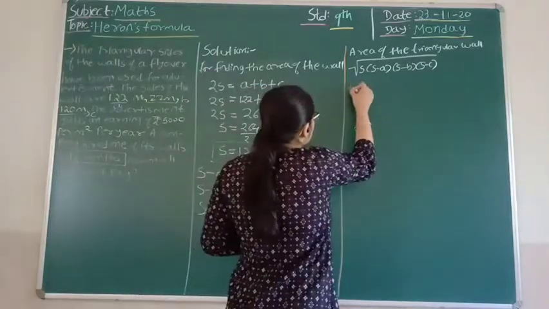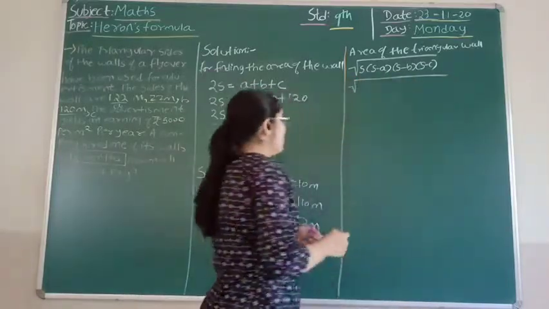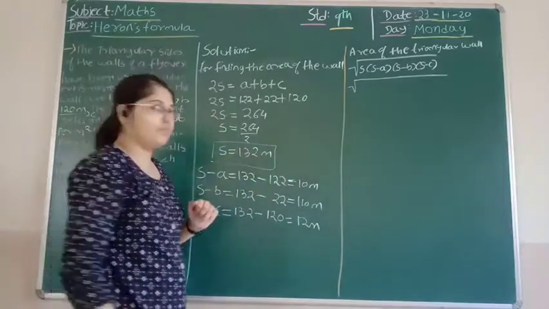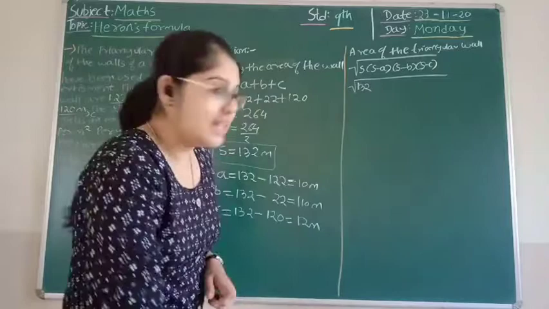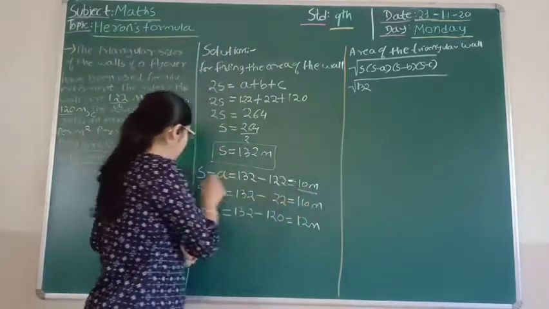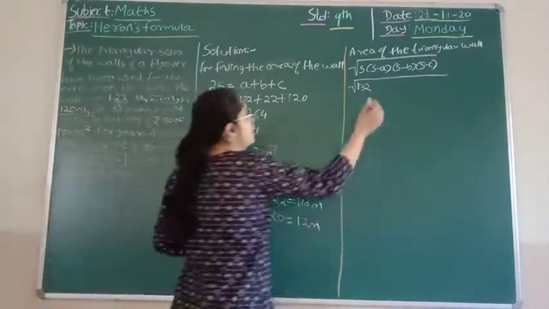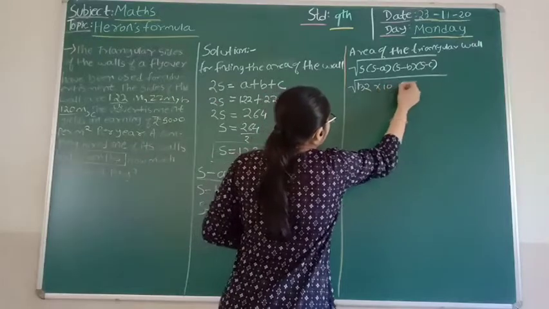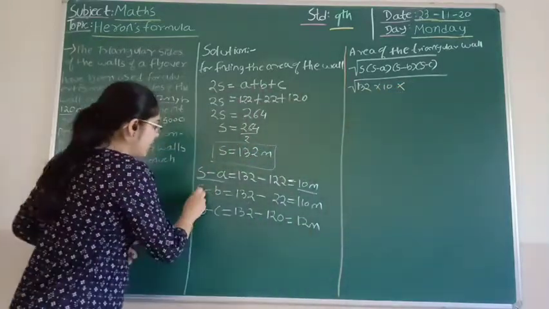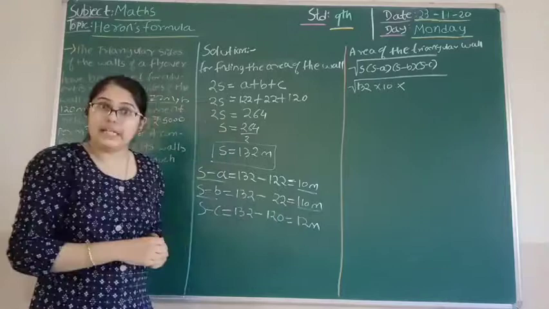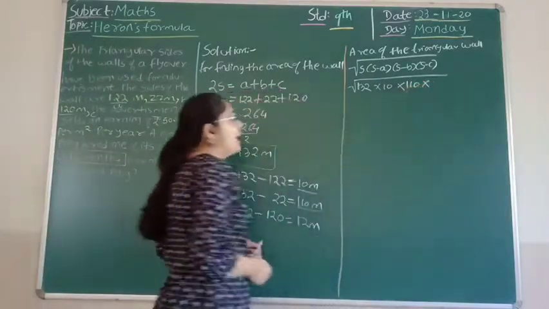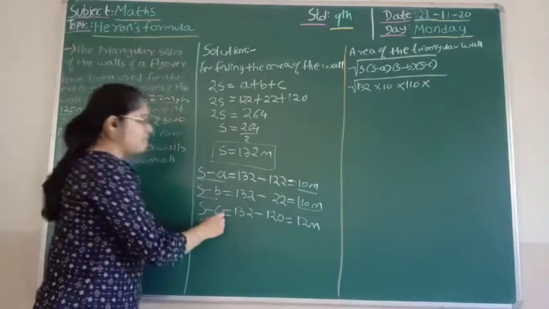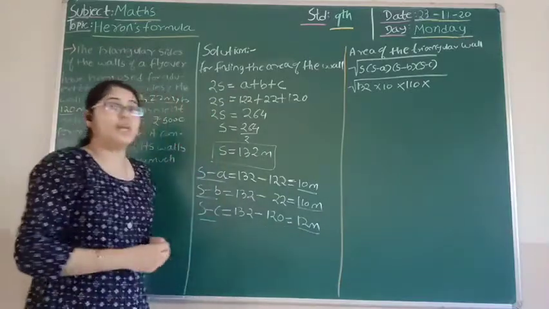S is 132, S minus A is 10 multiplied with 10, S minus B is 110 multiplied with 110, and S minus C is 12 multiplied with 12.